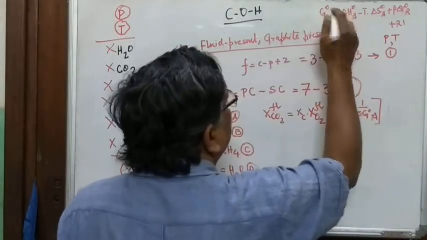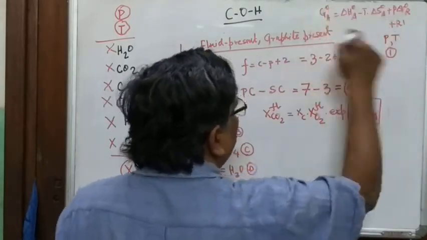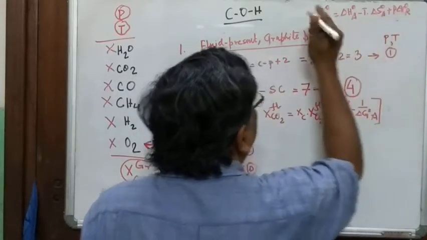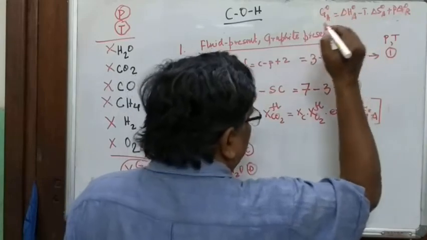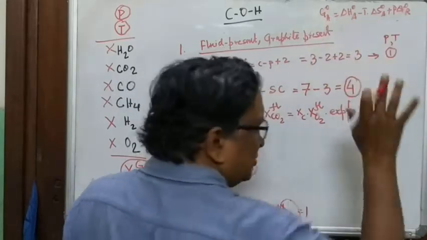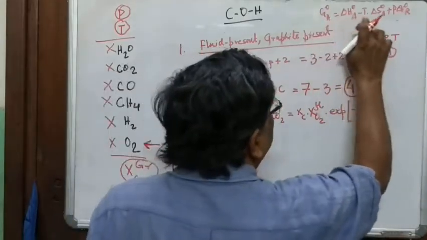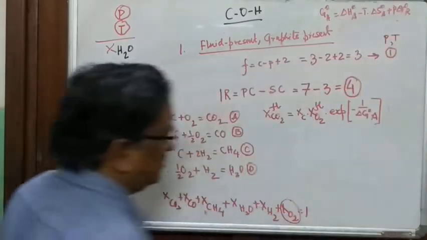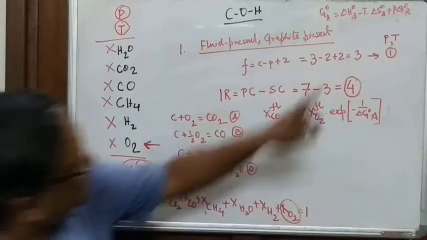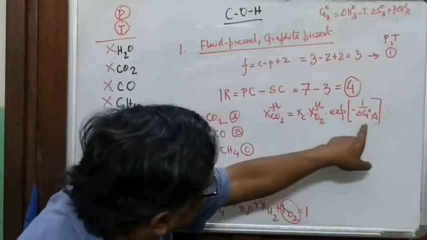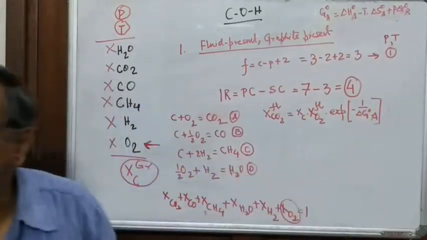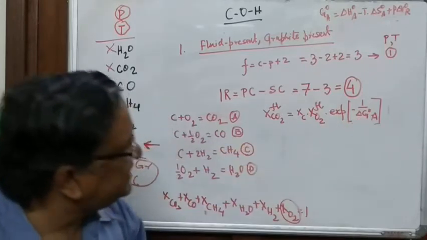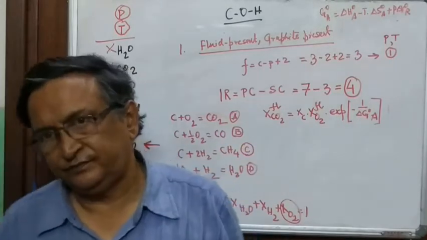This is del G0A. So I don't have to repeat. Now, if you know pressure and temperature, this is a constant. At known pressure temperature condition, this is a constant.